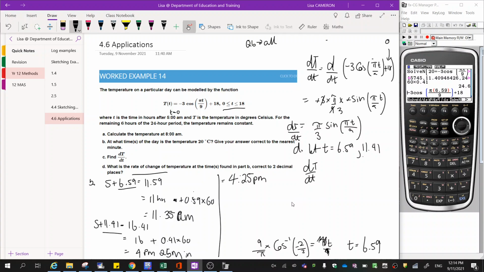So we'll say that one there is equal to pi on 3 sine pi 6.59 over 9. I'm going to get an answer.